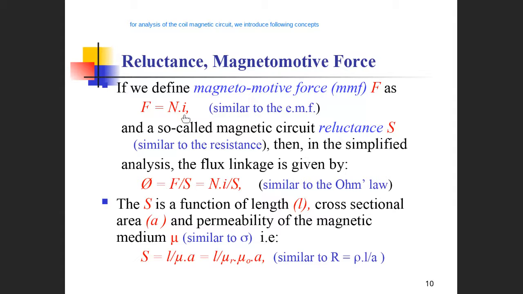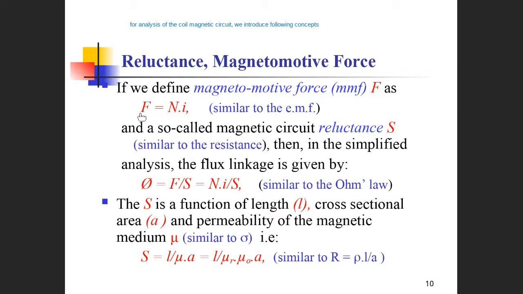So the current I on the coil with turn number N, okay? A straight line can be considered as turn number 1, right? The current I with a coil of N turns serves as the magnetomotive force, which produces the magnetic field in the coils. We use the symbol F here to represent it. But this F is different from the mechanical force F. This is the magnetomotive force.